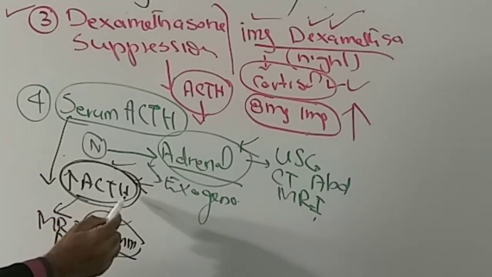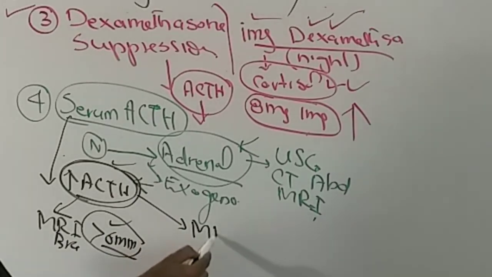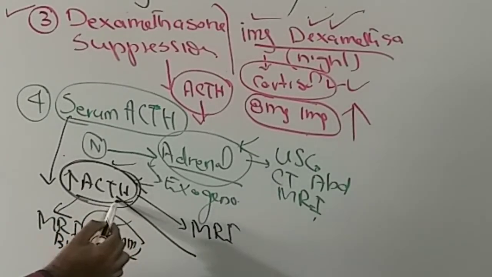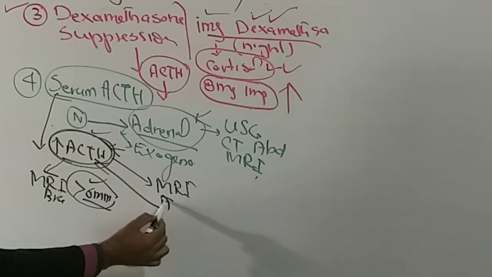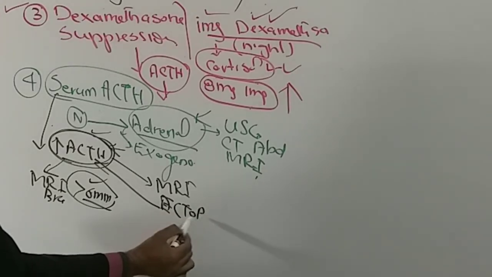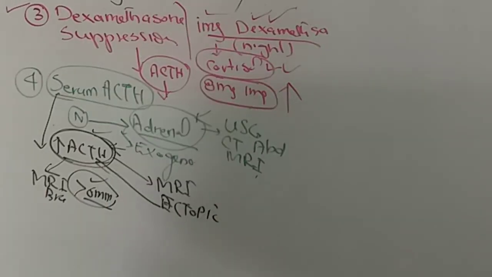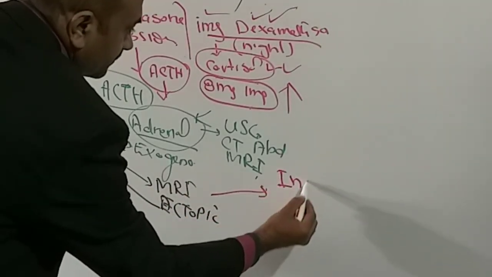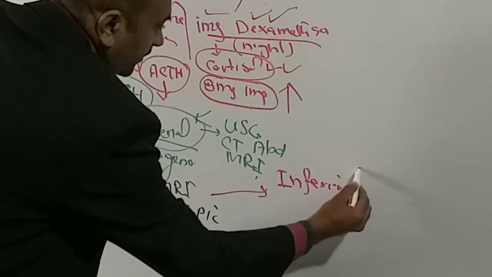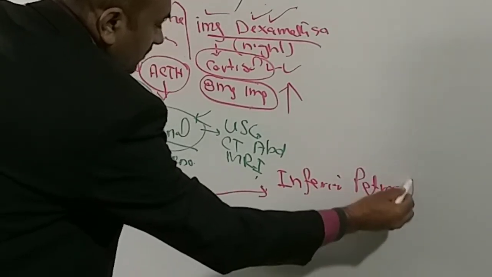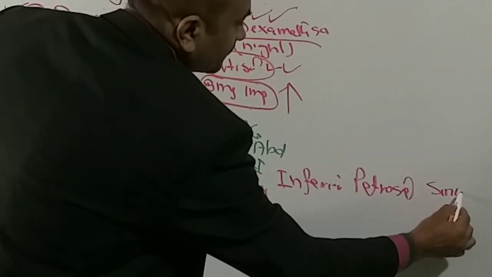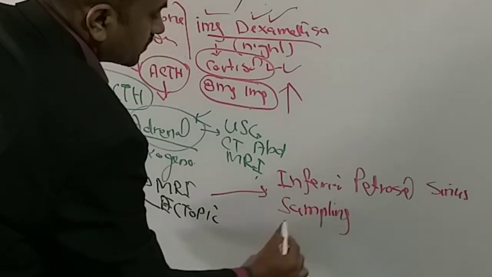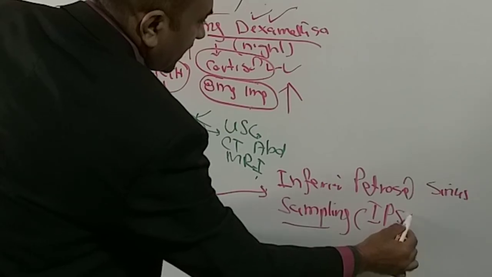But if ACTH is high and MRI brain excludes the presence of pituitary adenoma, then there may be an ectopic source of the ACTH. In that case, we will do a very important test which we call the inferior petrosal sinus sampling, IPSS.